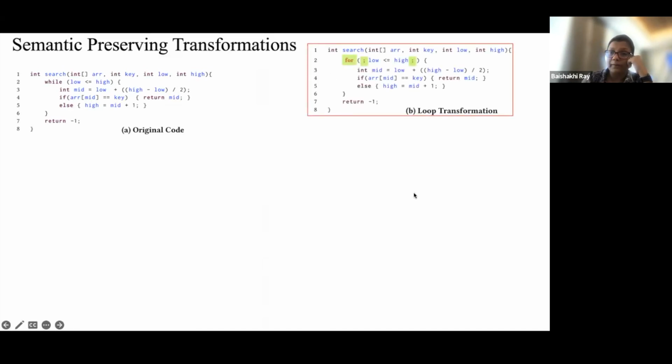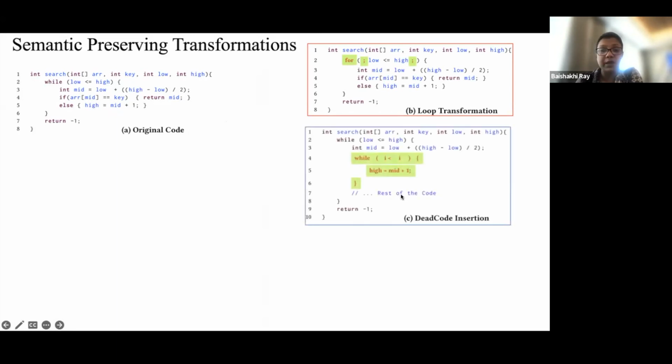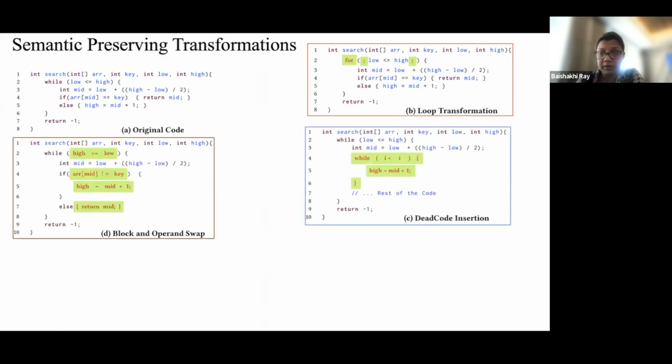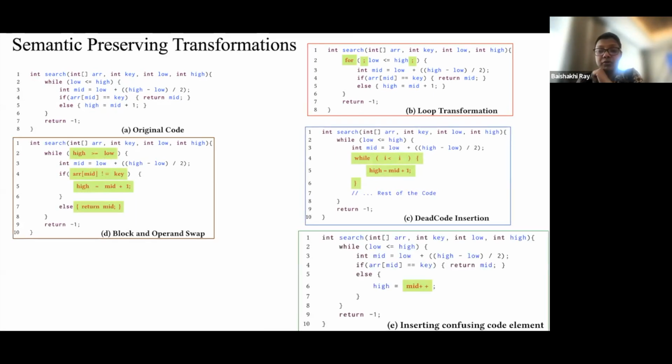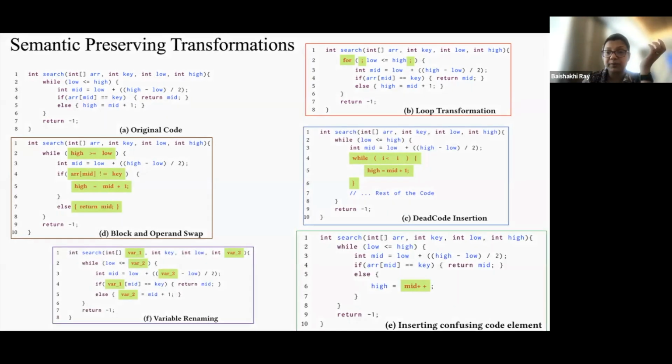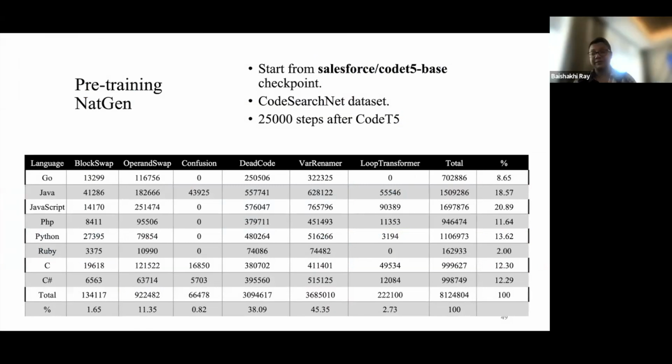We make a loop transformation, for example, changing a while to a for loop. In another setting we did dead code insertion, and block swap, where if and else are swapped. We can insert some confusing code, like say mid plus one is replaced by mid plus plus, as well as variable renaming, and then do this denoising autoencoder.